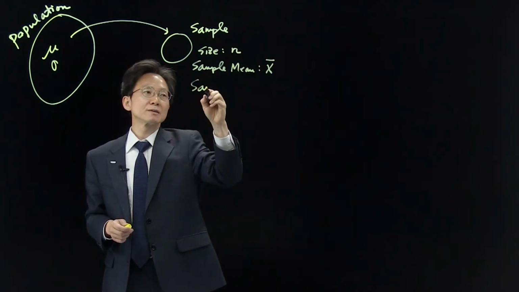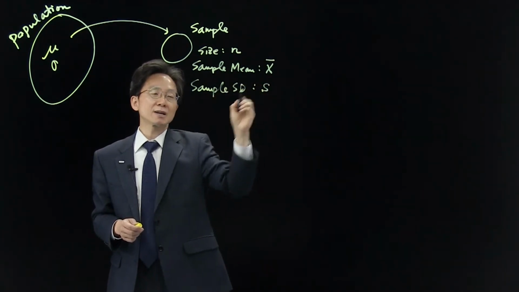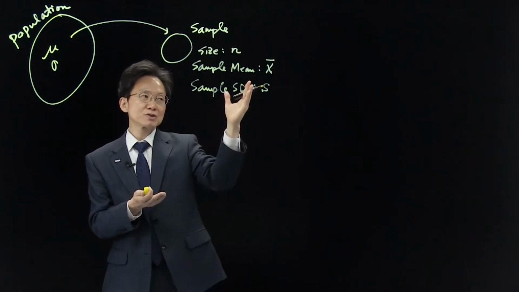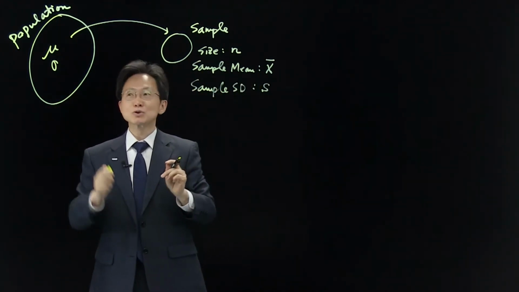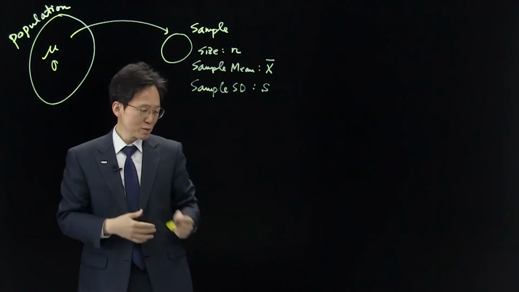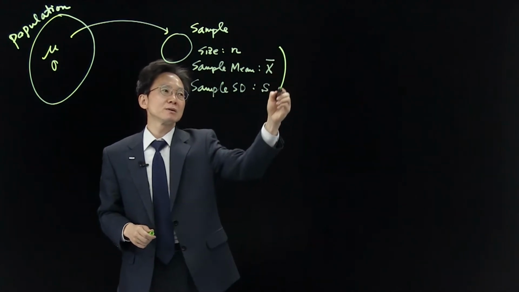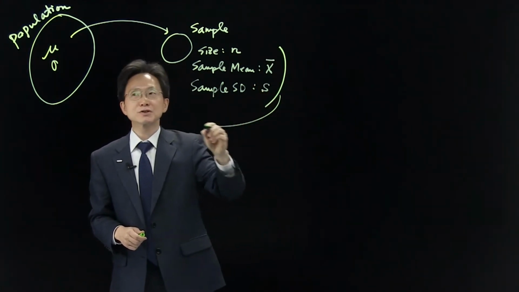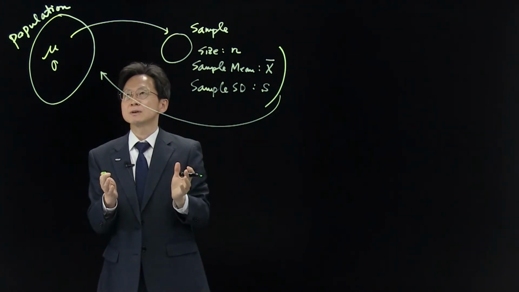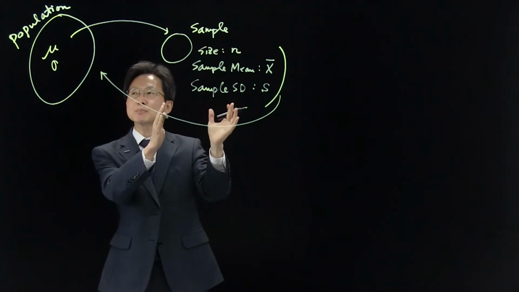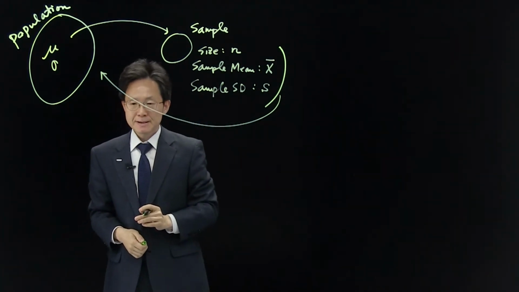And also we can calculate the sample standard deviation, which is s, not sigma, because sigma is something we do not know, although it's a true value. So by looking at this sample, we want to make some inferences about the population. That's our goal.